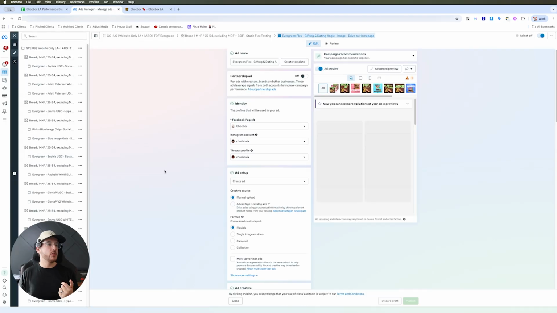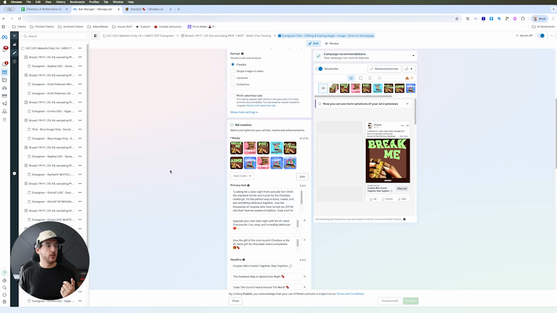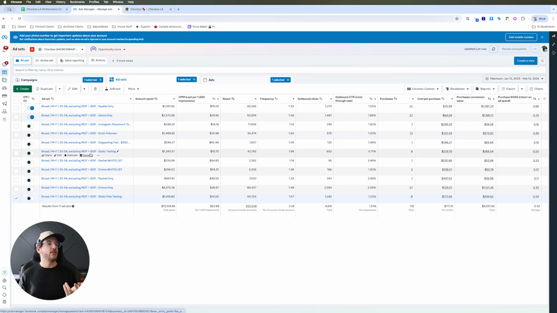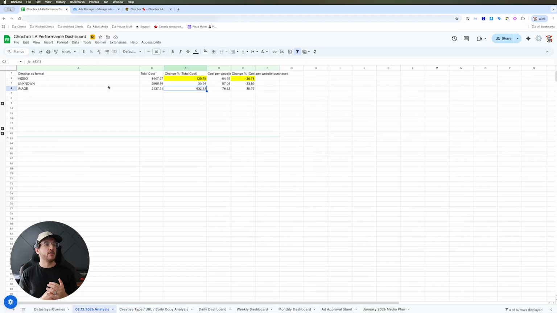But number two, we weren't able to placement customize. And so we shifted our spend away from flexible ads and into a very specific static testing ad set. And the result of that is that we now have a very good understanding if it's the flexible ads or the static ads that is causing CPAs to be where they're at.